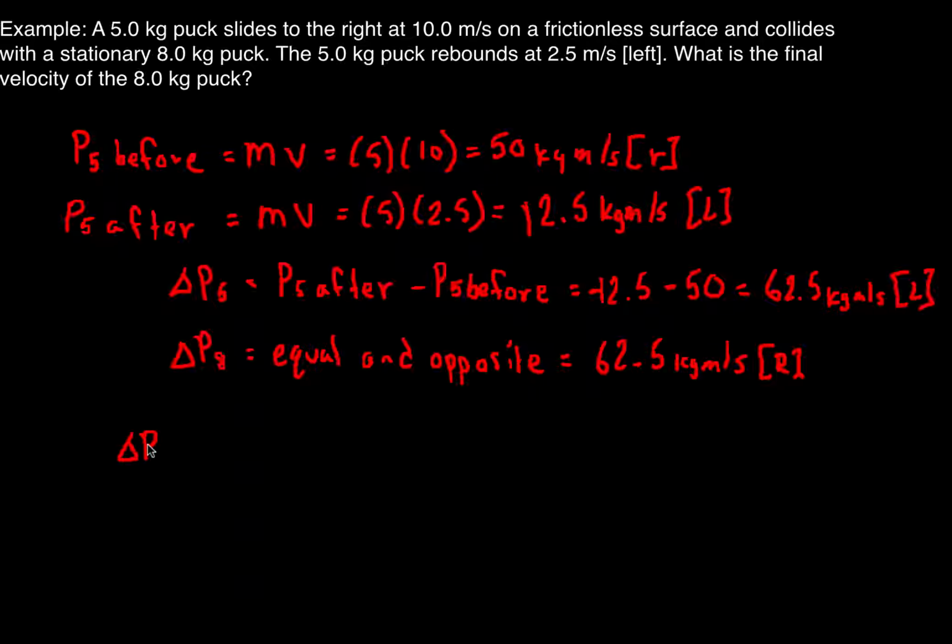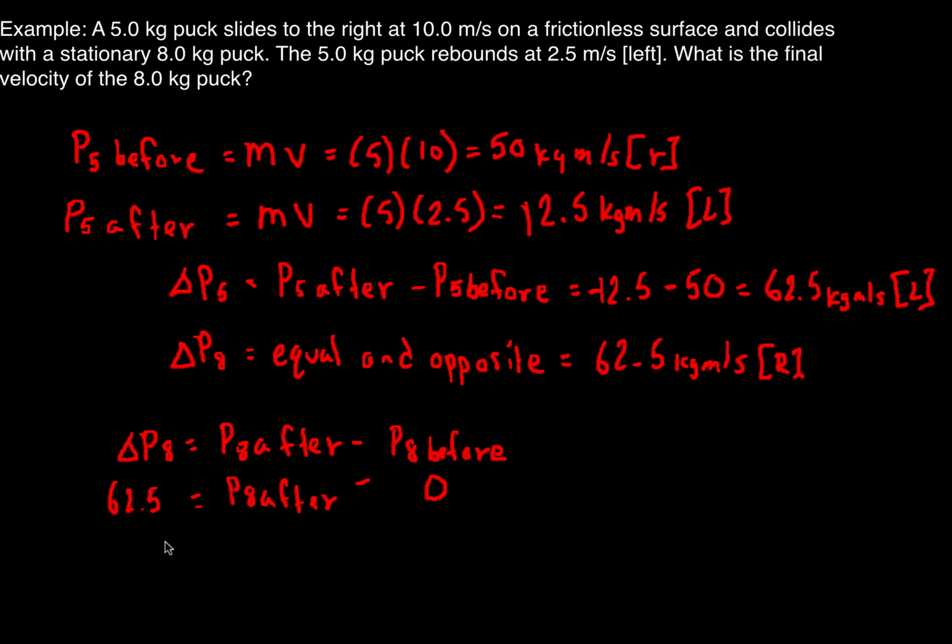Since the change in momentum of the 8 kilogram puck is equal to the momentum of the 8 kilogram puck after minus the momentum of the 8 kilogram puck before, and before the 8 kilogram puck wasn't moving, so 62.5 kilogram meters per second to the right is equal to the momentum of the 8 kilogram puck after minus 0, or just the momentum of the 8 kilogram puck after is equal to 62.5 kilogram meters per second to the right.